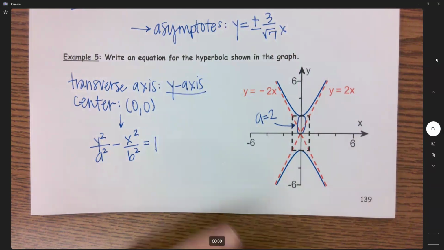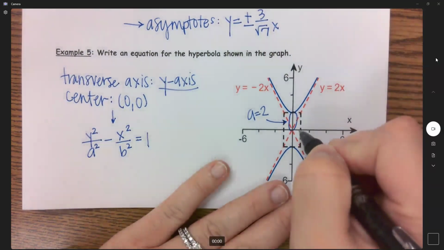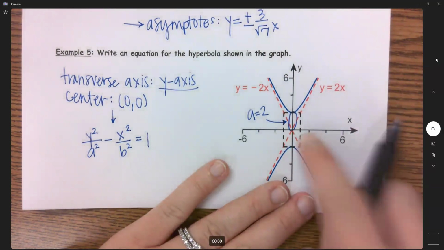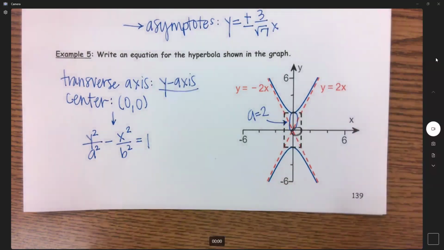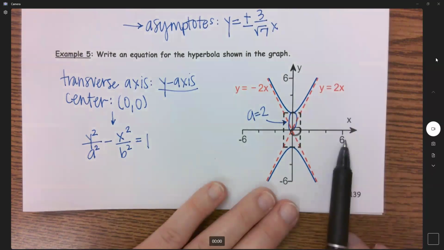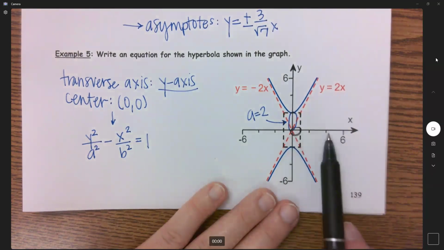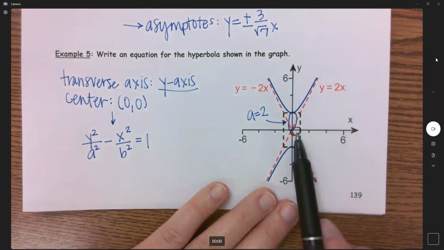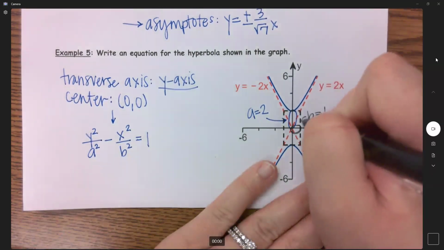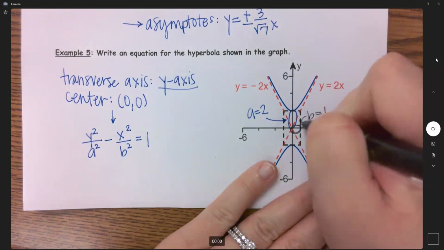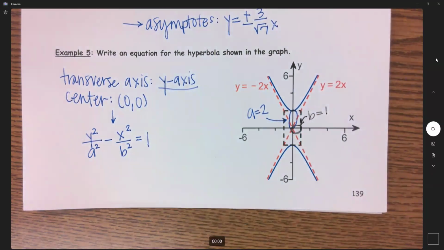And then I'll get a different color here. From center to that box gives me my b. This is also going by 2, 4, 6 by 2s. So if this is halfway in between, that tells me that my b is 1.